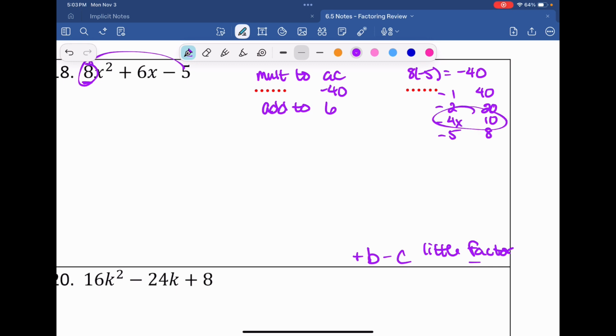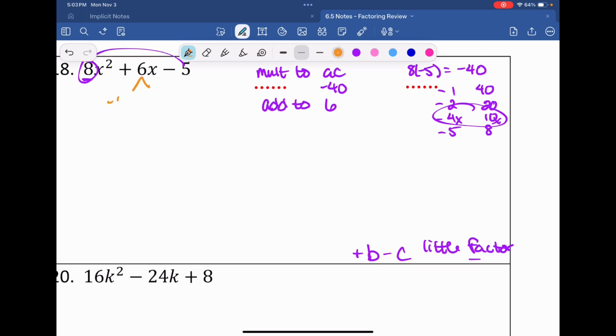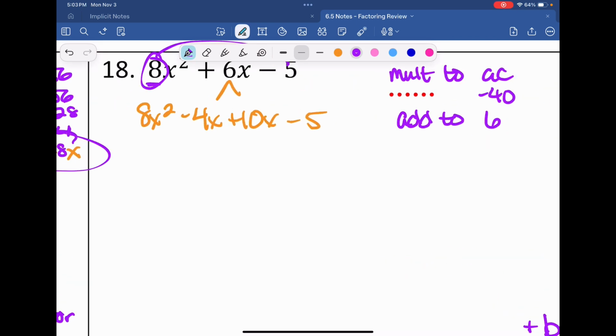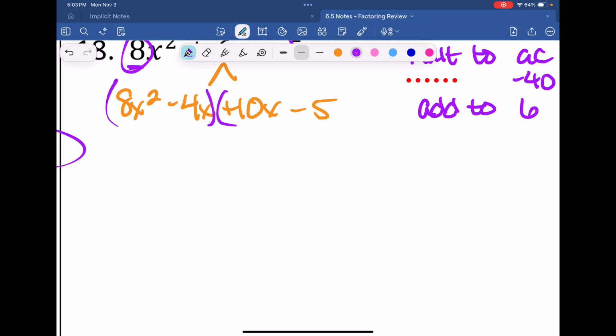Include your x's. Then you want to take that 6x and break it up: -4x, positive 10x, bring down your -5 and your 8x squared. Group first two and last two. GCF.